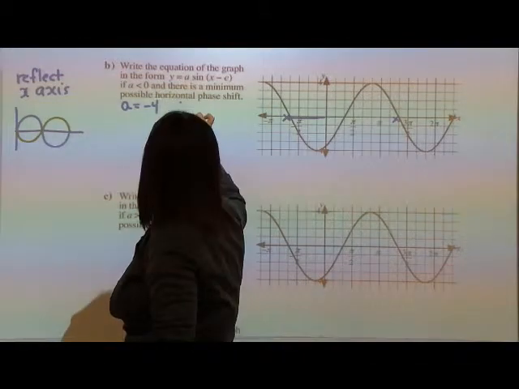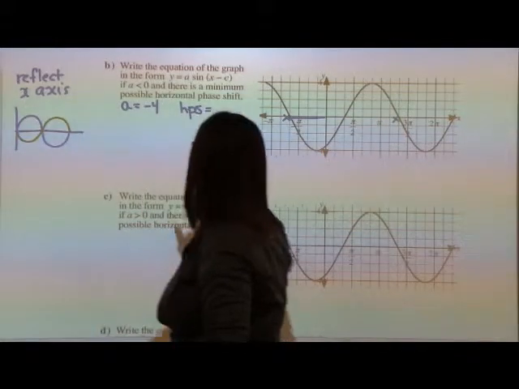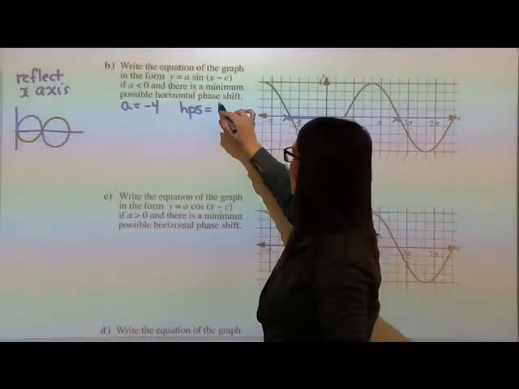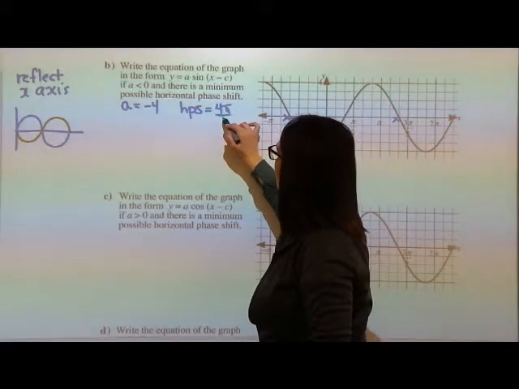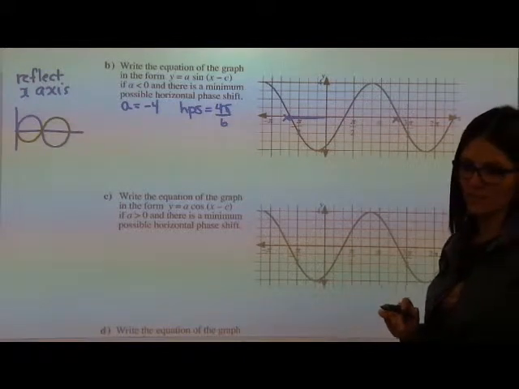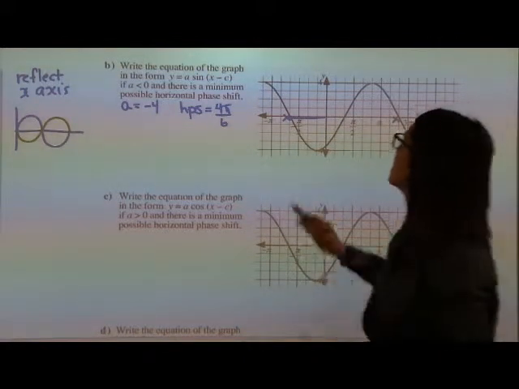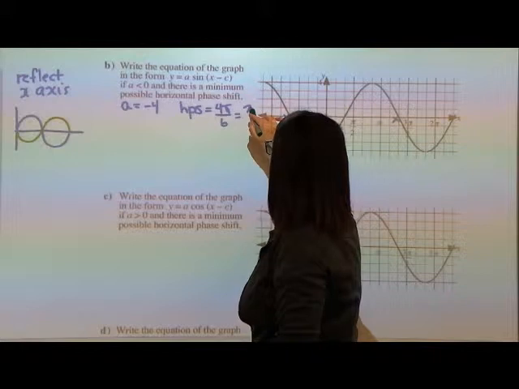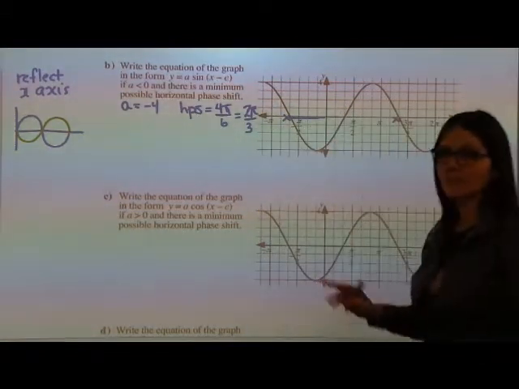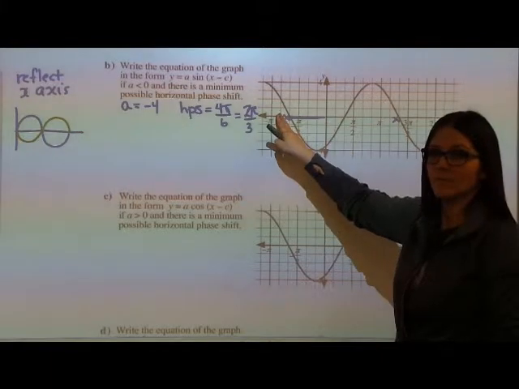So my horizontal phase shift is 1, 2, 3, 4 pi's over 6. And what does that reduce down to, 4 pi over 6? 2 pi over 3. And what direction is that? To the left.